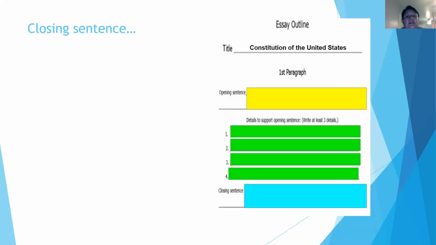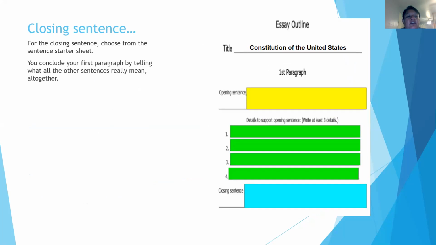Closing sentence. The closing sentence is the blue section of this essay outline. For the closing sentence, choose from the sentence starter sheet. You conclude your first paragraph by telling what all the other sentences really mean altogether. So basically, you are summarizing what you wrote in the other sentences.